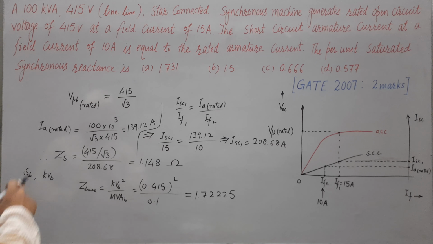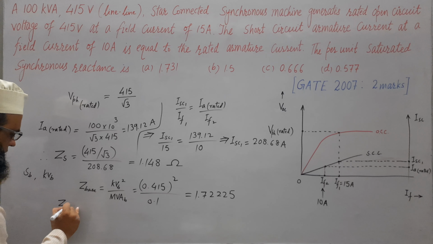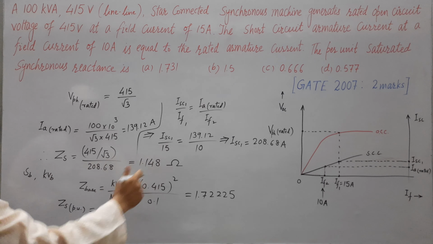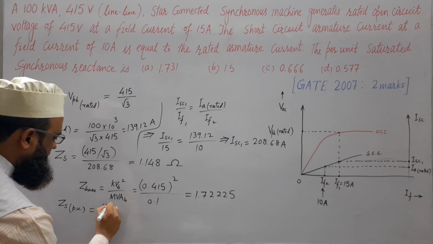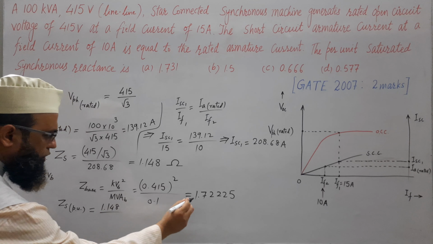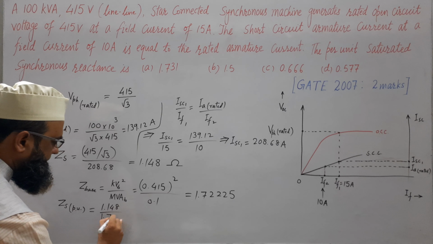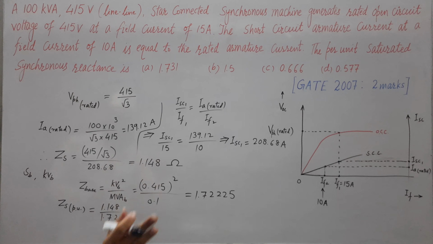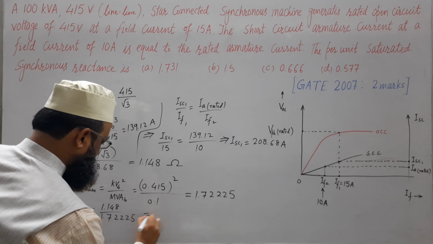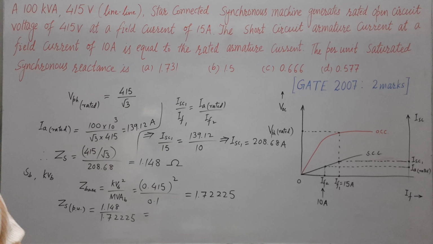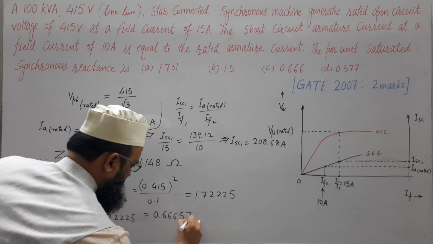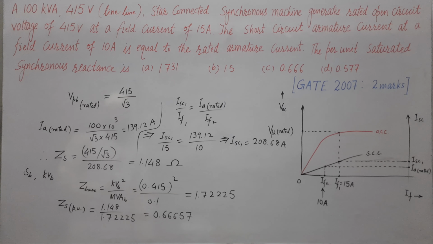Hence, the per unit value of ZS will be equal to actual, that is 1.148, upon the base value 1.7222. Two decimal places is enough. This is coming out to be 0.66657 per unit.